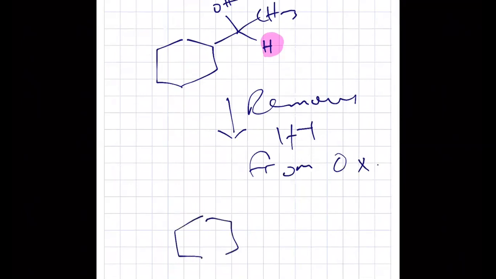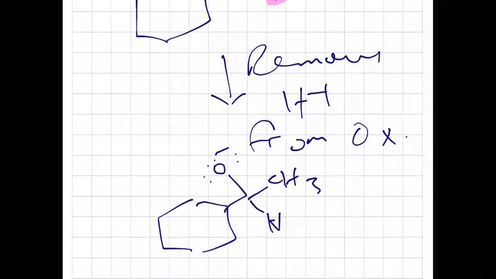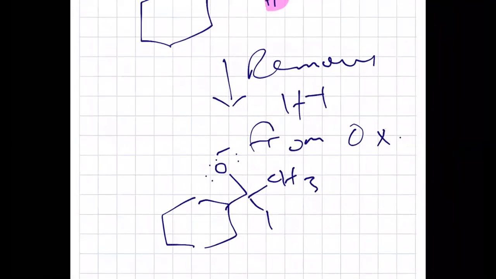So I'm going to actually get that tetrahedral intermediate. And let me put some electrons in here right quick. So it's got three lone pairs, negative charge. Now, fix this hydrogen too.